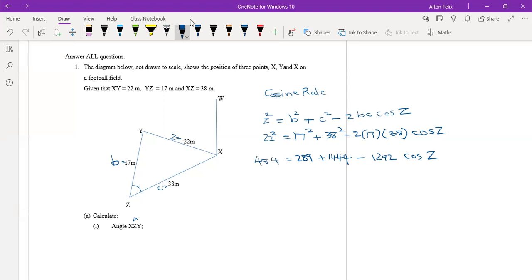Okay, so now we're going to simplify that final line on the board. Let's go back to our calculator and work it out. 289 plus 1444.